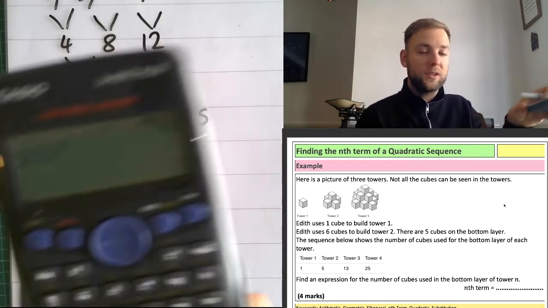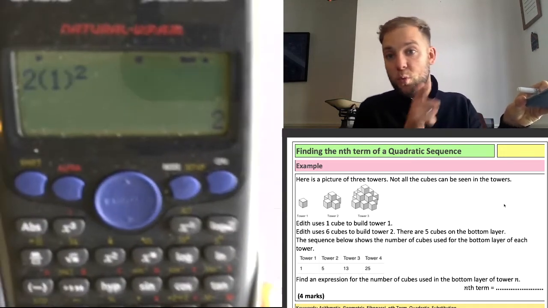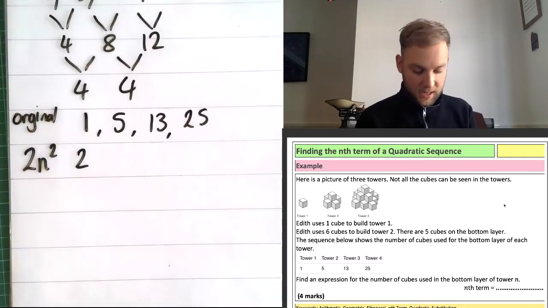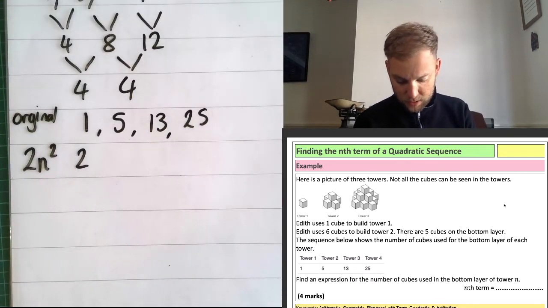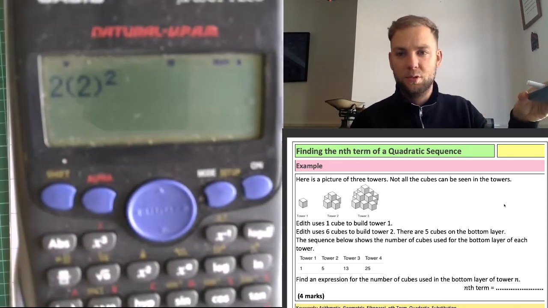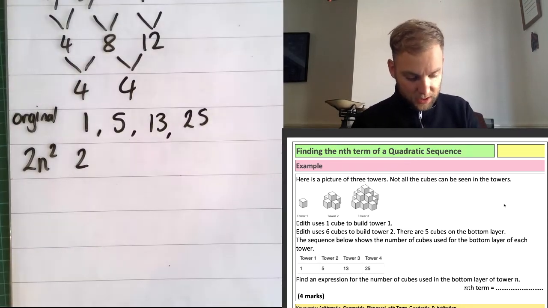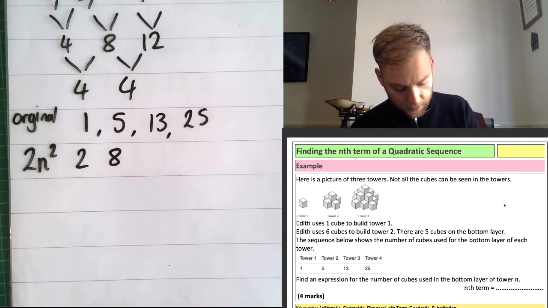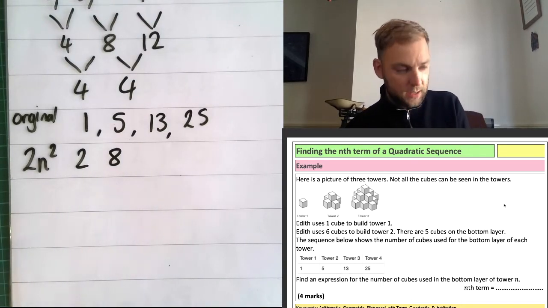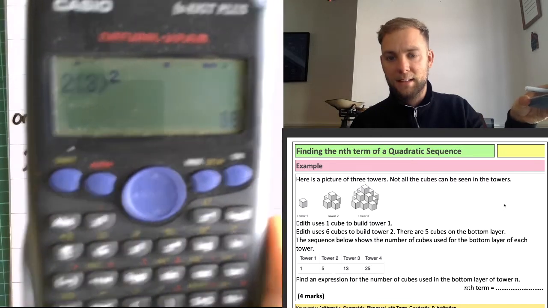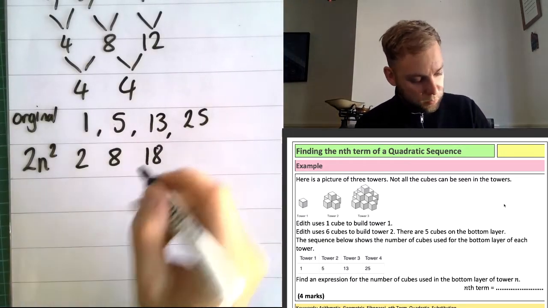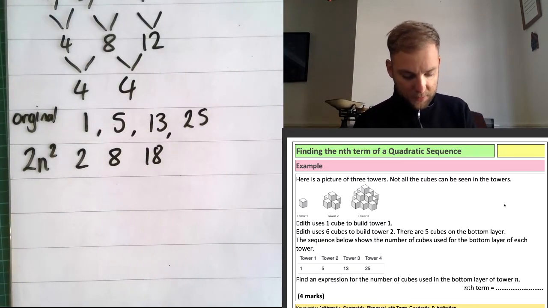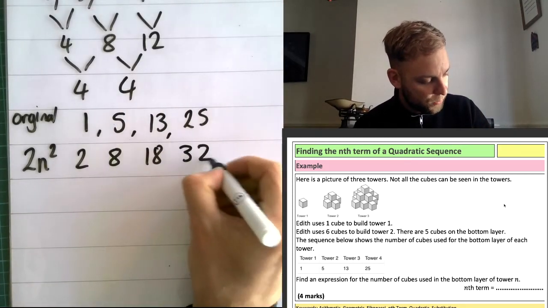Make sure you're using the mini brackets there and doing the squared on that top side there. So the next one's going to be 2 times 2 squared, which is going to be 8 in this case. 2 times by 3 squared, which is 18. Last one, 2 times by 4 squared, which in this case is 32.